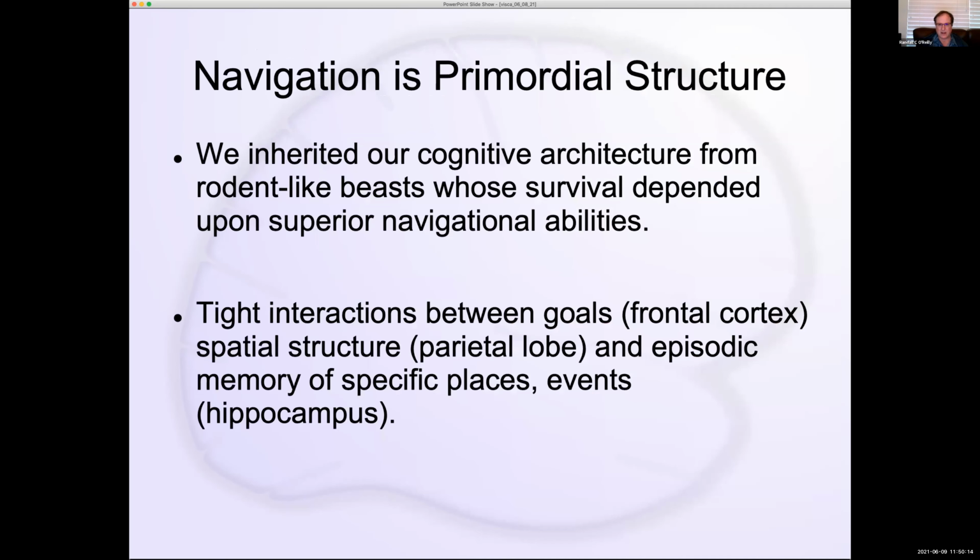And so here's the idea: our cognitive architecture as primates really emerged and evolved from this rodent-like system that is all about navigation, and that medial parietal pathway is really the core upon which our cognitive architecture developed. It really involves this collaboration between frontal cortex, parietal, especially that medial parietal lobe, and episodic memory. Those are the core elements of what we really started with.